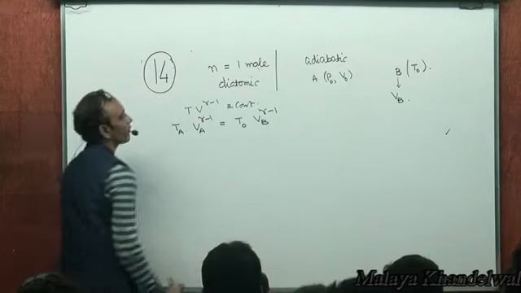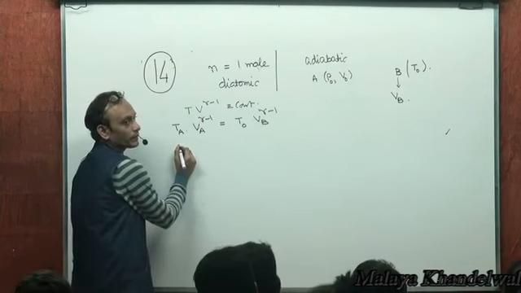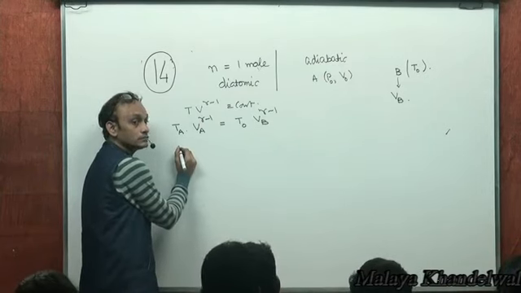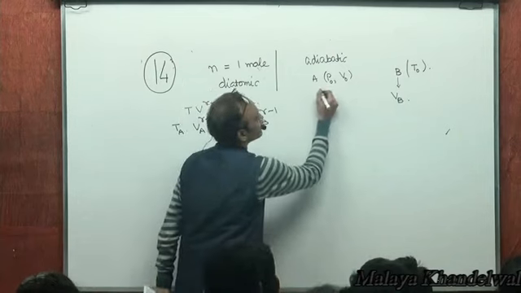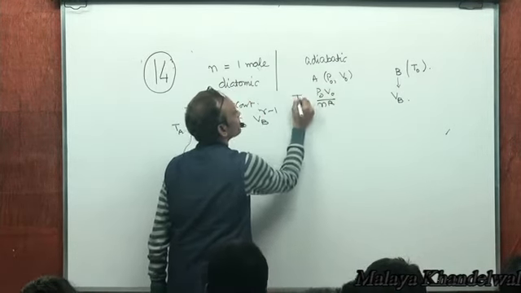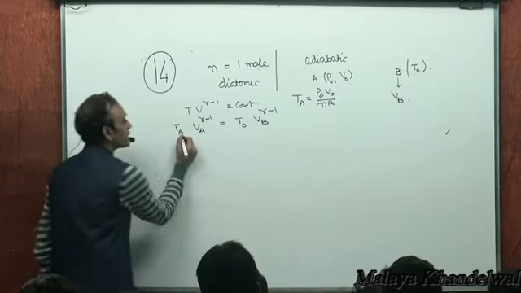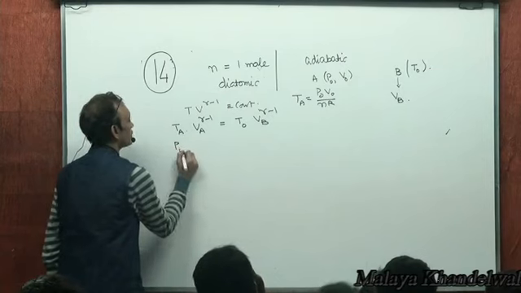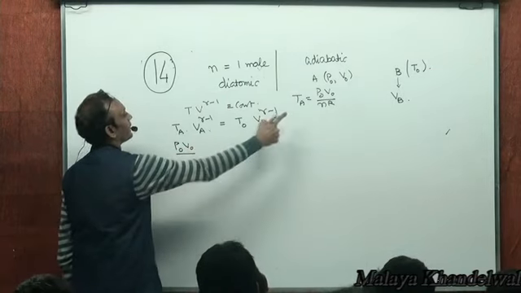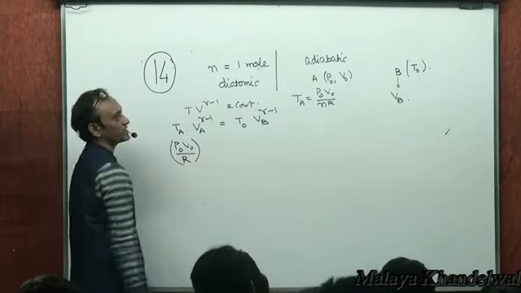Temperature at A is P0 V0 by nR. N is 1 mole, so P0 V0 by R is the temperature at A.